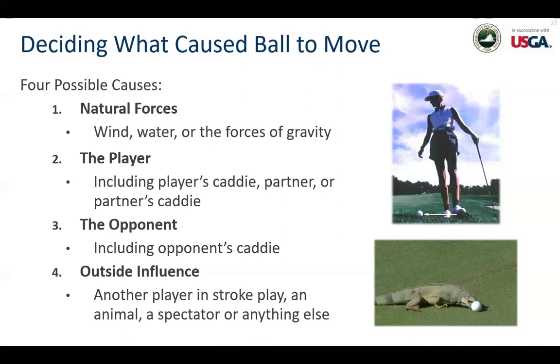So that's all included in our side. The opponent or the opponent's caddy, so the opponent's side, and then an outside influence. So it could be basically another way of saying anything. So another player in stroke play, an animal, a spectator, or just anything else. So something else that are not included in those first 3.